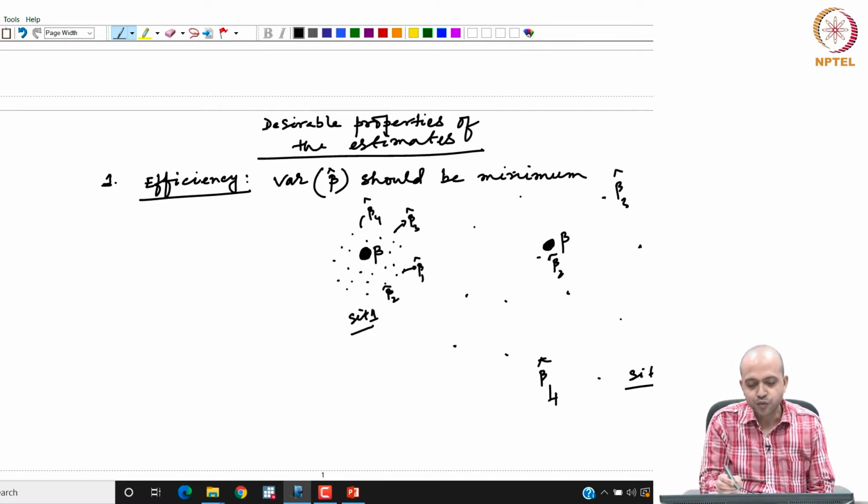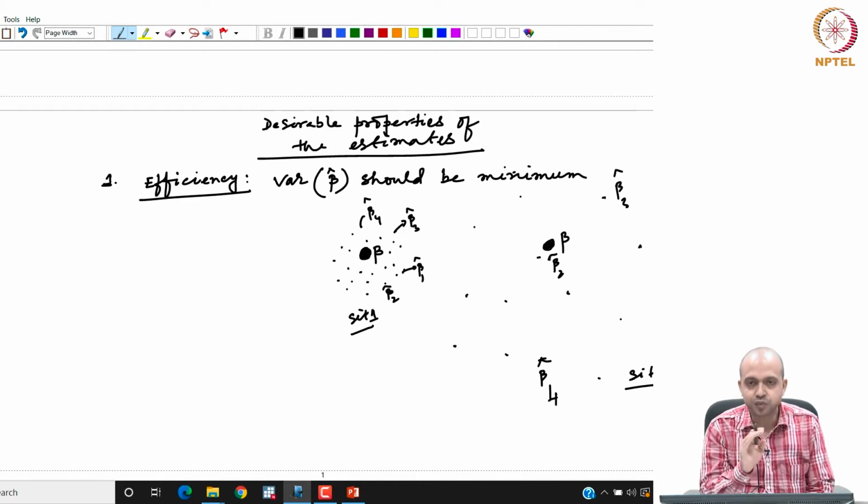I will say that the minimum variance property will be satisfied in the context where the variance of my beta hat, when I am collecting several samples from the population, I will get a variance of beta hat, and that variance should be minimum. That is the desirable property.